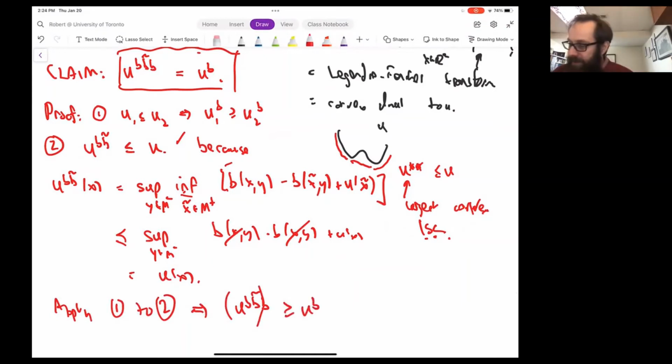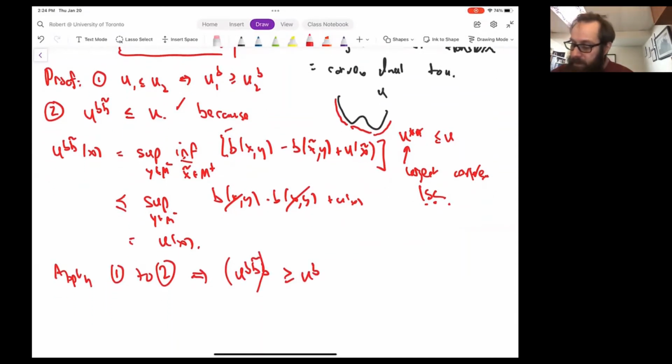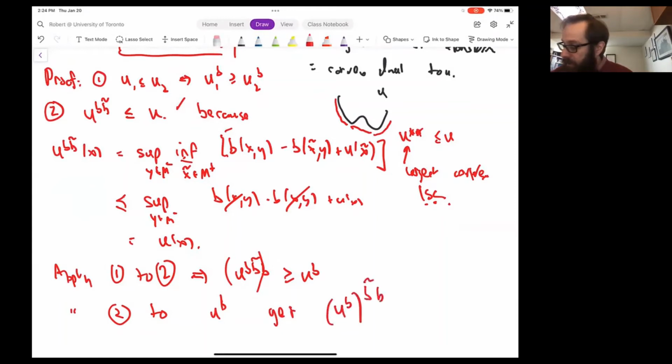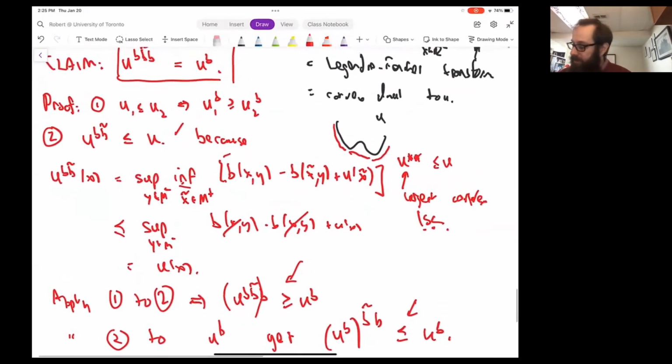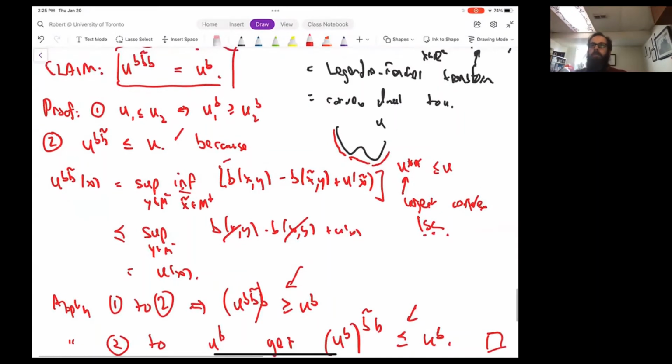And on the other hand, if I apply 2 to UB, I get that UB B tilde B is less than UB. And so this is one inequality and that's the other inequality, and together they imply that equality holds in the claim. Questions? Problems? Difficulties?